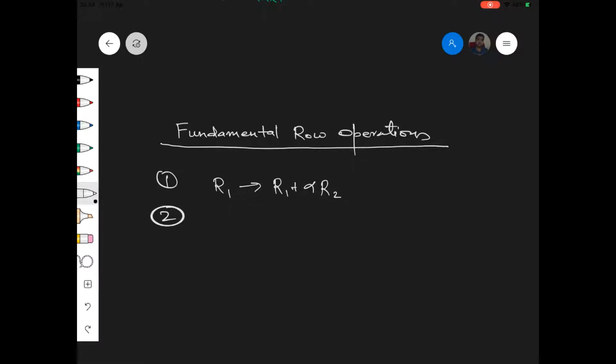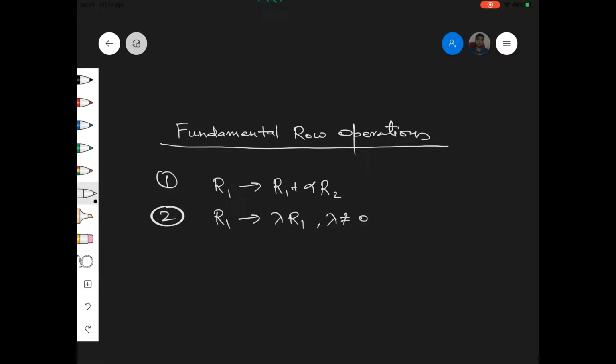The second fundamental row operation is the scalar multiple of any row. We can replace the row R1 by a non-zero scalar multiple of the same row, lambda times R1, where lambda is non-zero.